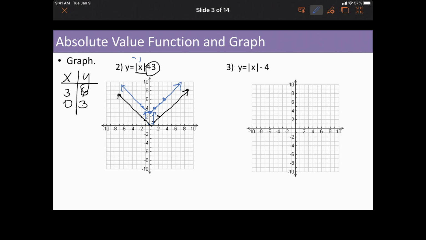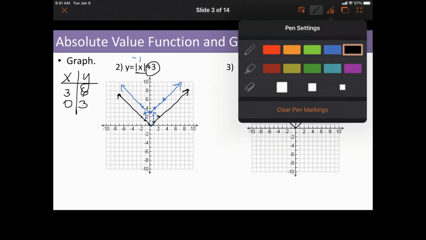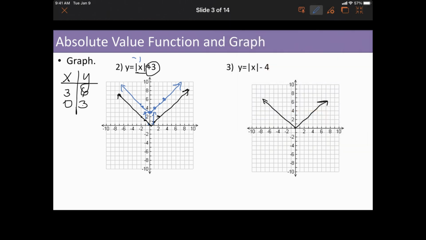So let's take that and think about here. What about -4? If I had my parent graph, what's going to happen with all those points? Can you guess? That's right. It's going to go down 4. So 1, 2, 3, 4. Every point.